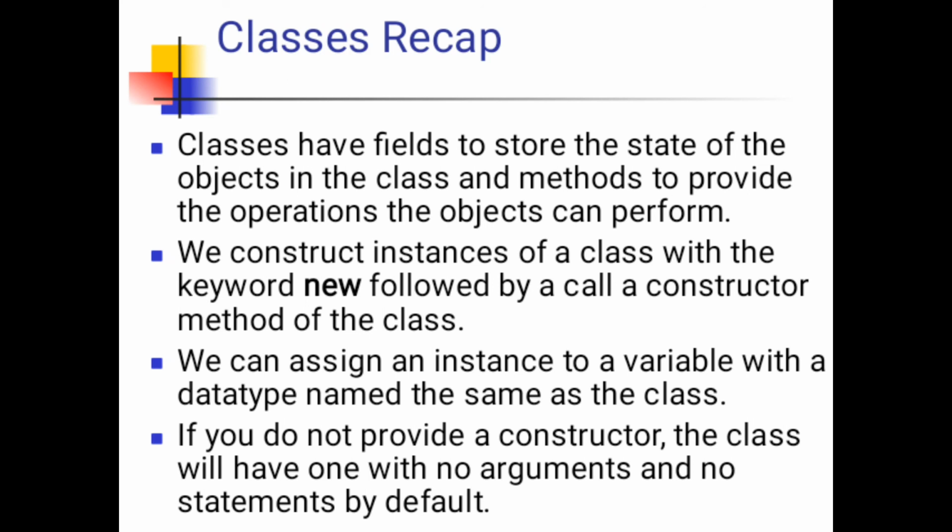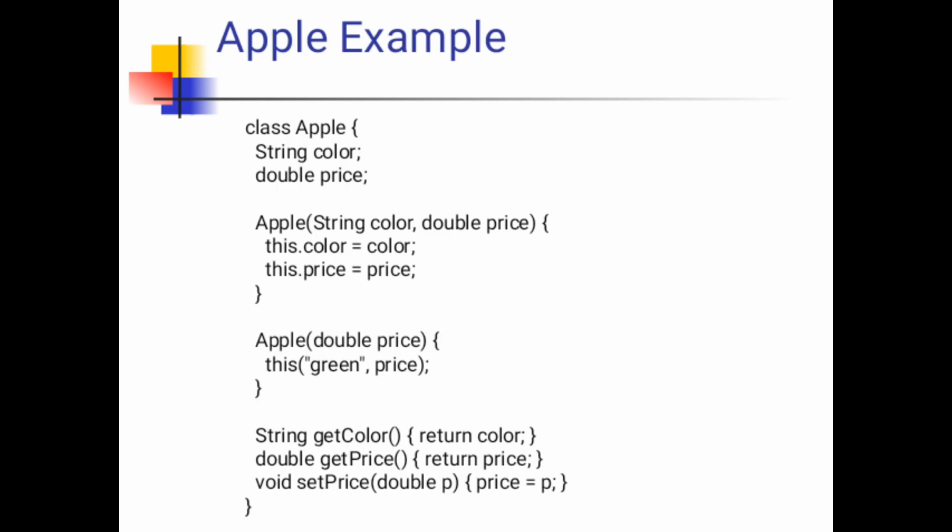We can assign an instance to a variable with the data type the same as the class. If we do not provide a constructor, the class will have one with no arguments and no statements by default. This is the recap of the class lesson I've taken you through. Let's move on to the next.